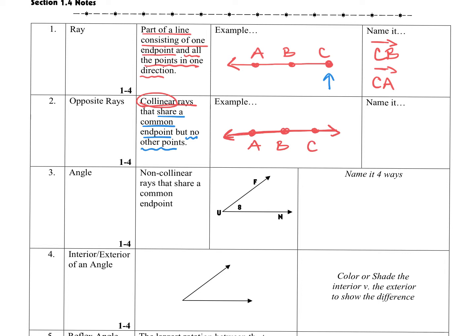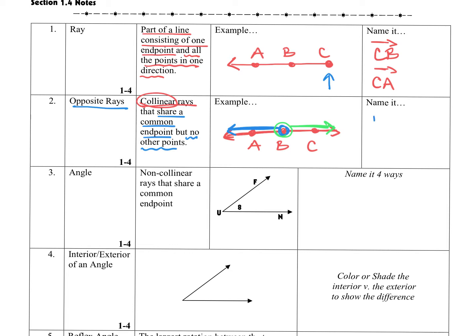And our collinear rays, or our opposite rays is what we'll call it, would be starting at B and going in this direction, or starting at B and going in this direction. So if we were going to name these two rays, remember they have the same endpoint.